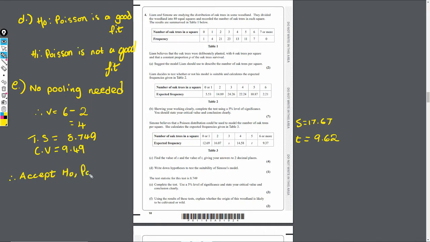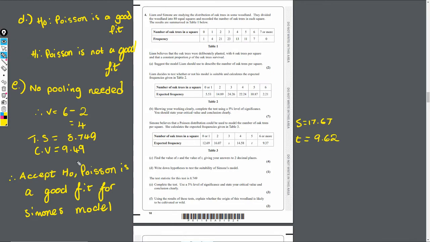So Poisson is a good fit for Simon's model. So there we go. So that's part E done. So nice and easy. Just got to work out the degrees of freedom, work out your critical value, and then just accept based on the fact that it's smaller.